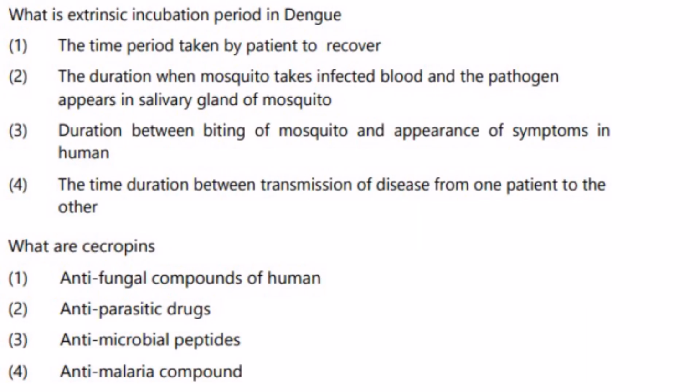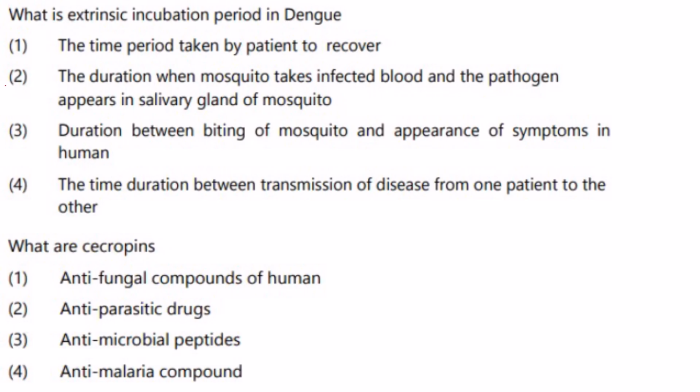Then next one, what is extrinsic incubation period in dengue? So extrinsic incubation period in dengue is 8 to 12 days. Now what is that? If you see option 2, they have mentioned the duration when mosquito takes infected blood and the pathogen appears in the salivary gland of mosquito.